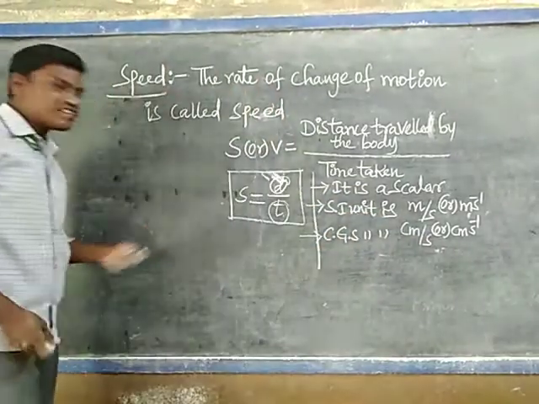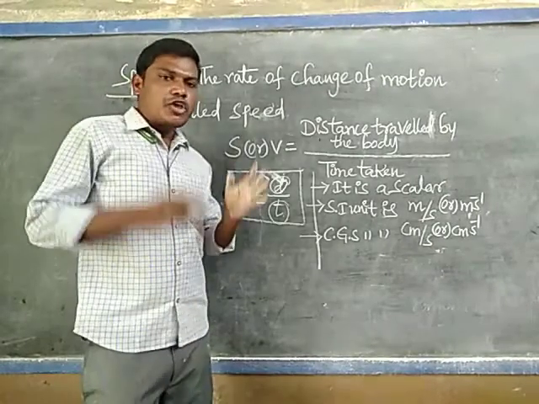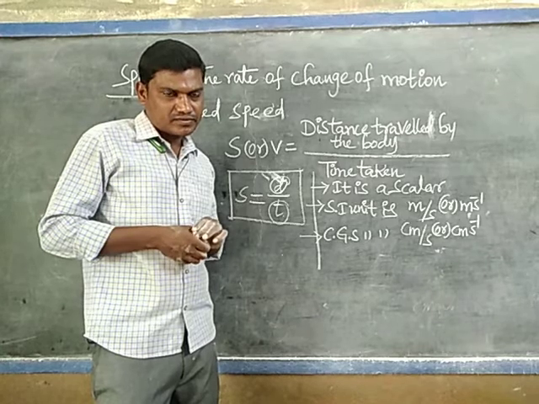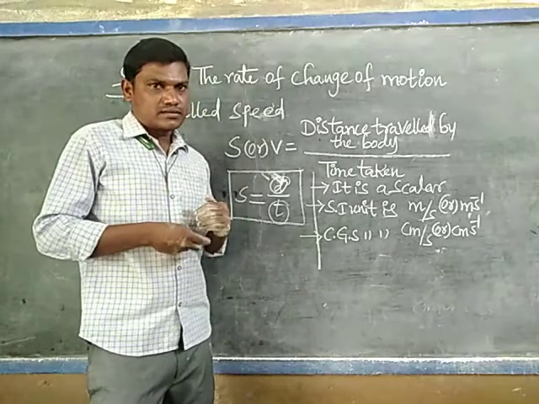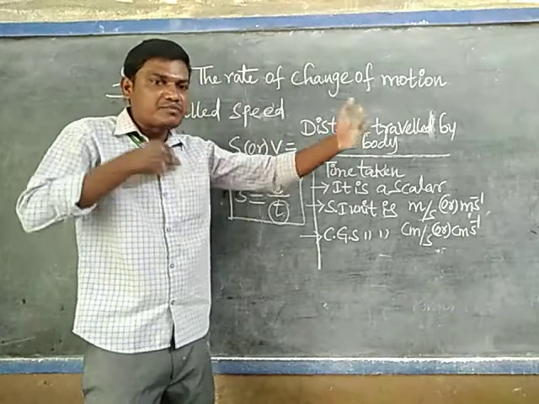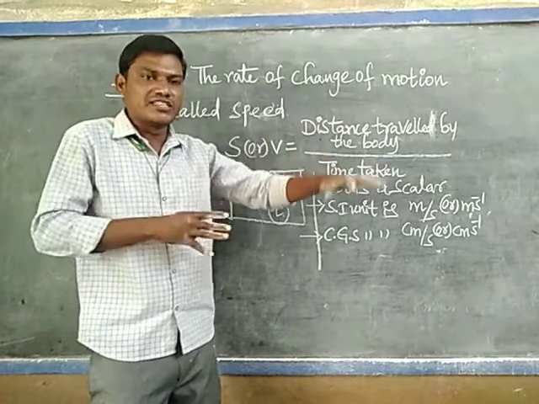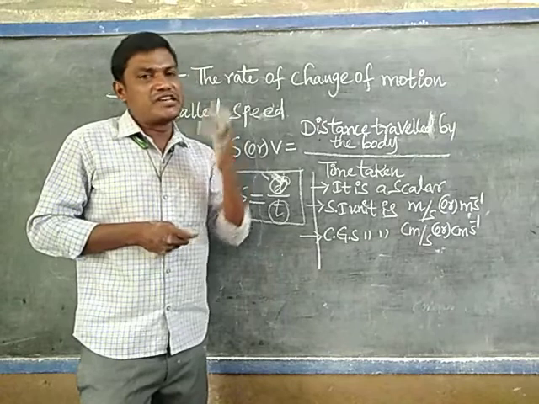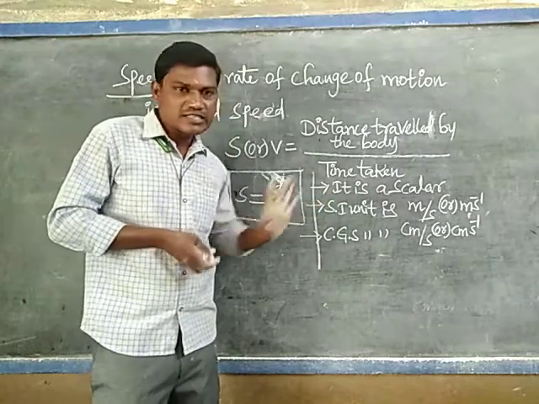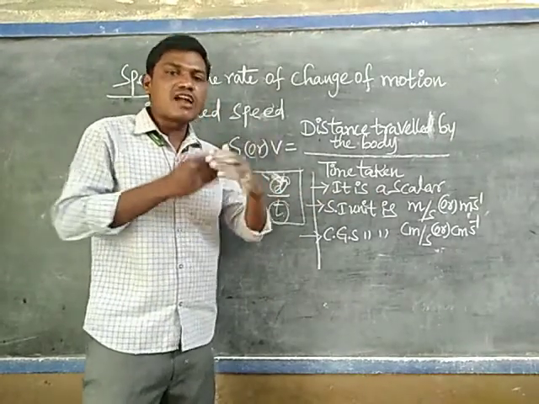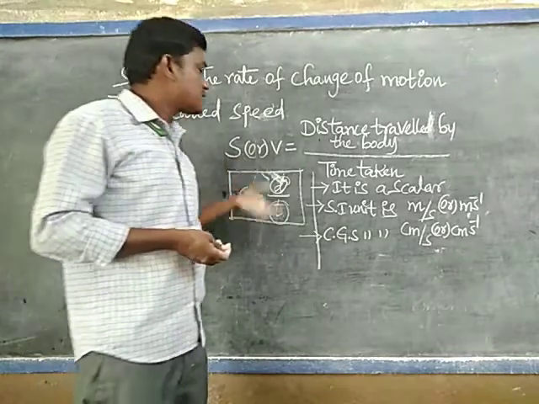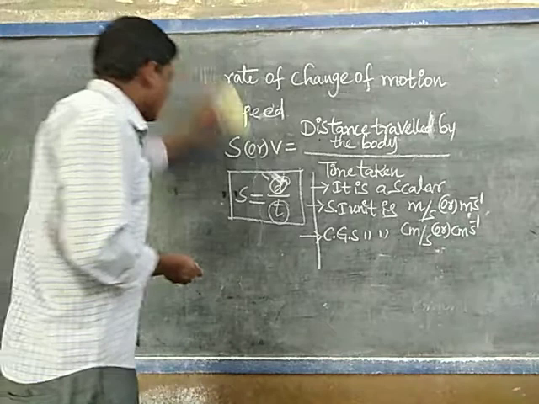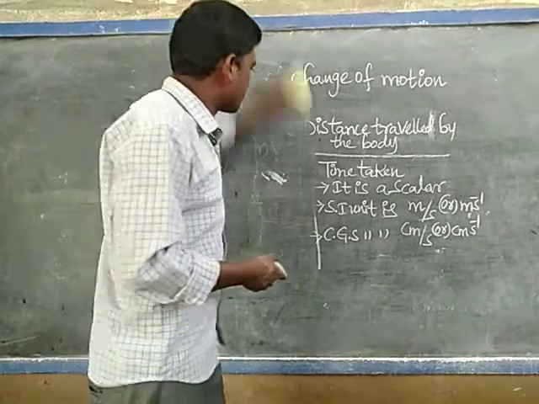But in our day-to-day life, to express the distance between two towns, villages, or places, we always use kilometers, not meters. Based on that, we can express the speed of a body in other terms.